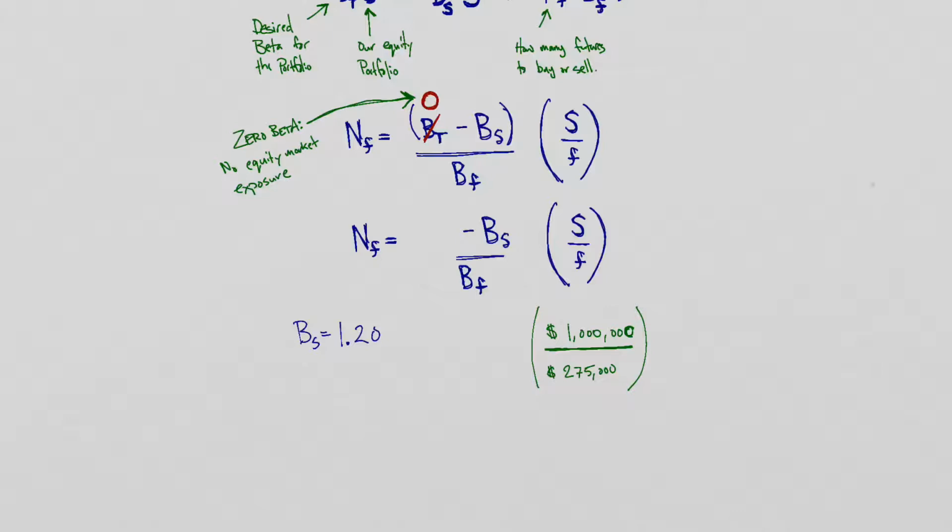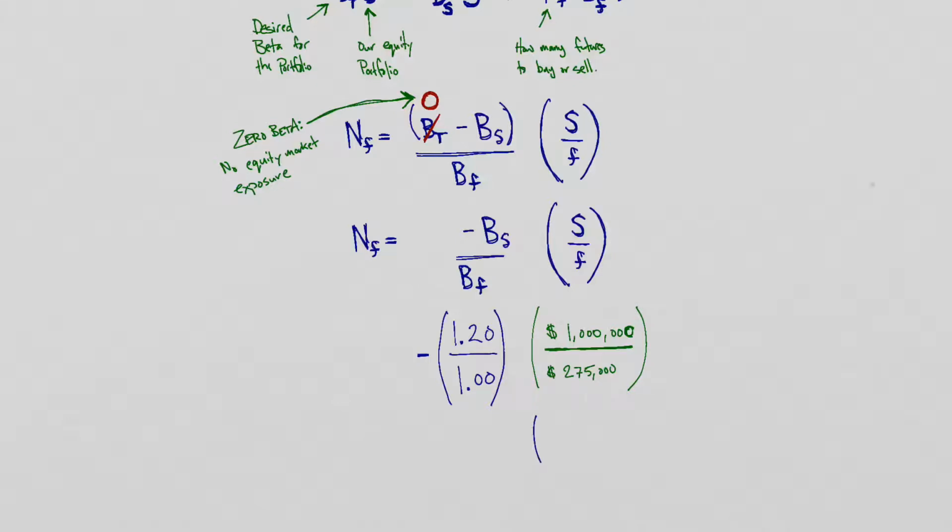And then I also need to know the beta of the futures contract. Since this is a futures contract on the S&P 500, we know that's 1. This is the other component needed in this equation, the ratio of the two betas. That's what I need to know in order to completely eliminate the equity risk of this portfolio.